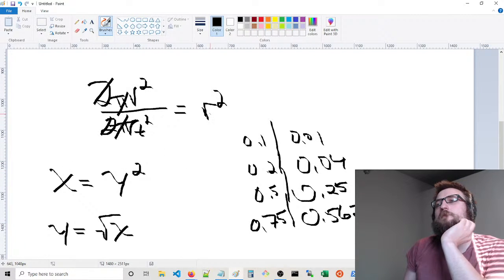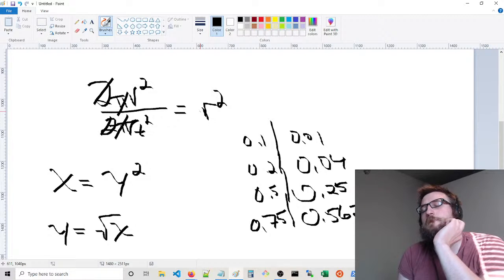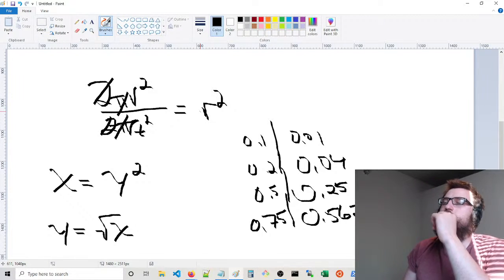I want to say our random variable is R. That's what we want. And our uniform distribution is related to that.